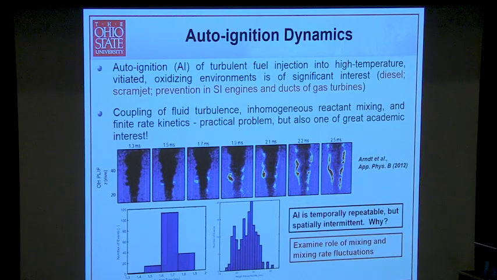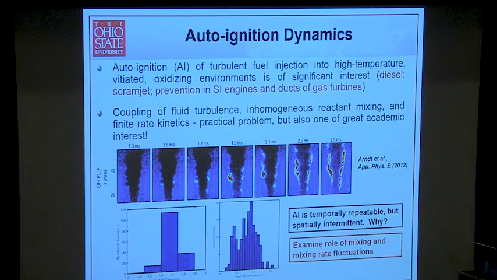And they hypothesized in a set of papers that it could be due to mixing fluctuations or scalar dissipation rate. Remember, scalar dissipation rate is the rate of mixing, so the rate at which mixing fluctuations are destroyed.